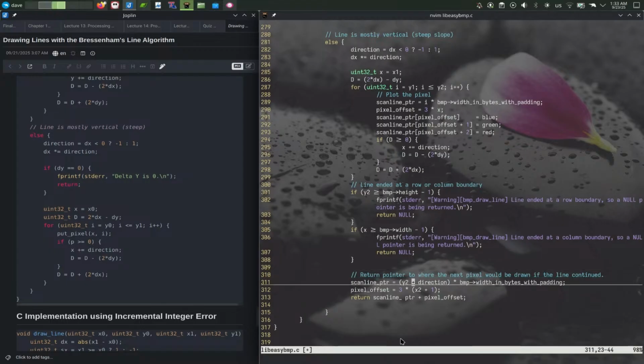Okay, so now then, it would continue with x plus direction, right? Oh, I know. It would be y2 plus 1, right? And then this would be more like 3 times x plus direction, I believe.